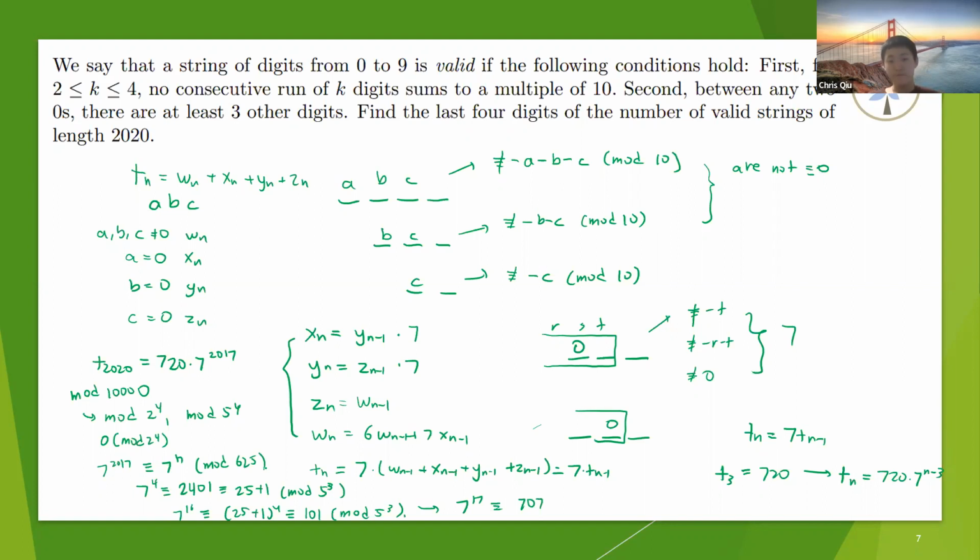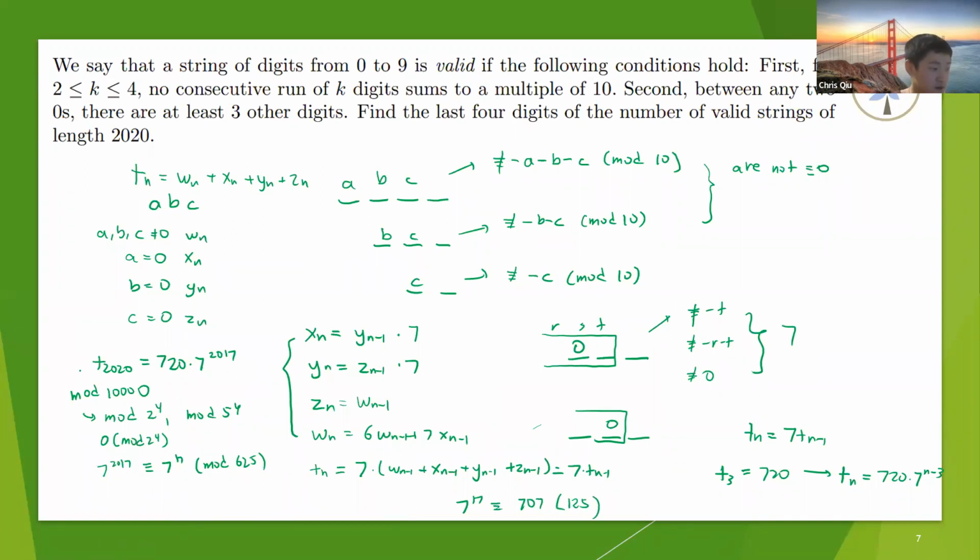And then we can find that the thing we want to find is actually congruent to, let me erase this to get more space. So we've already found that 7 to the 17 is congruent to 707 mod 125.